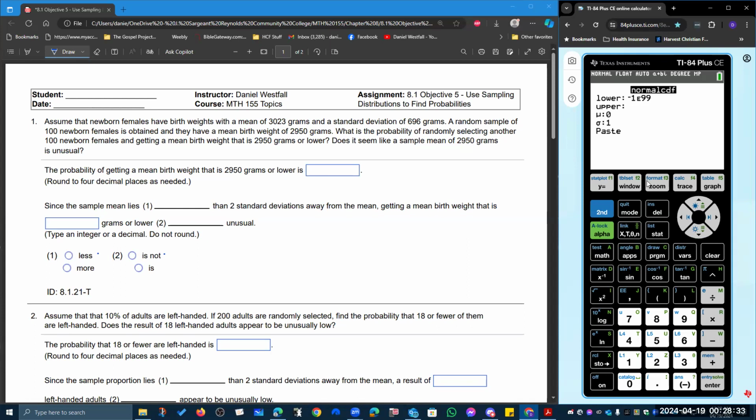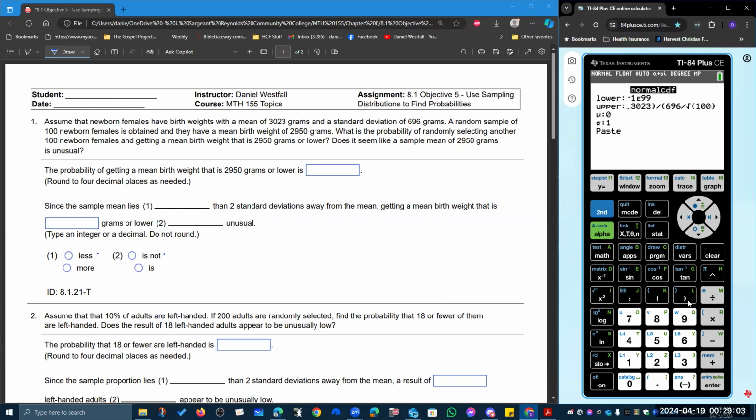I'm going to use my Z calculation here of X bar, 2950, minus my mu of 3023, divided by sigma, which was 696, divided by the square root of n, which was 100.